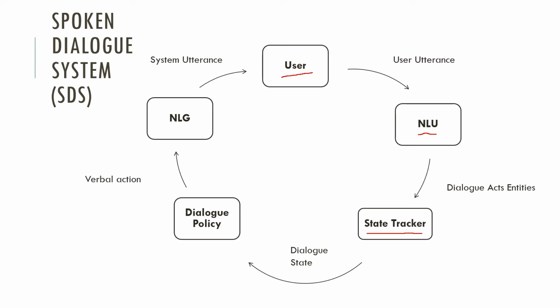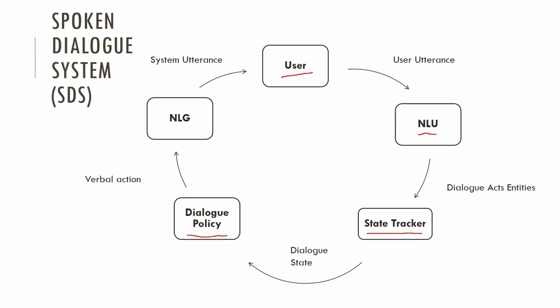And once it has a solid map of the state of the conversation, it forms a dialogue policy. And basically, the policy will determine what the system will output to the user in order to receive the next verbal utterance from the user.